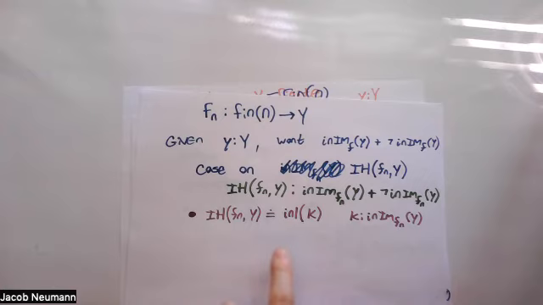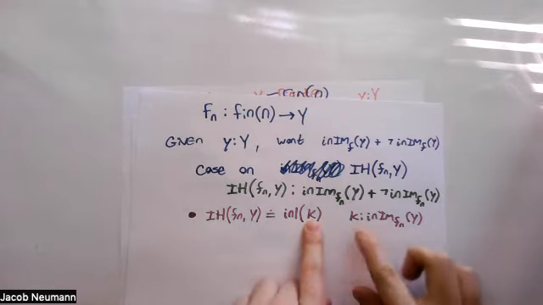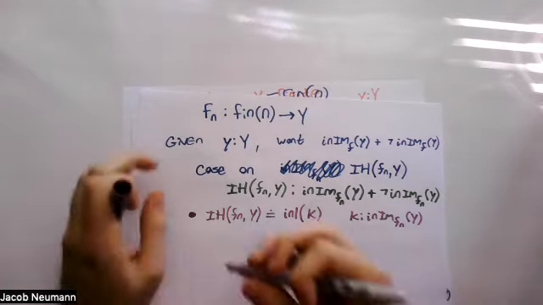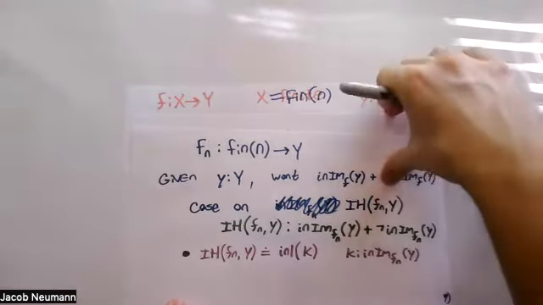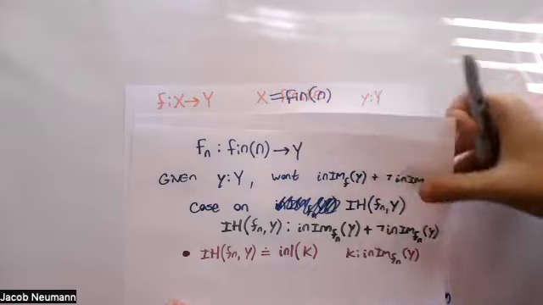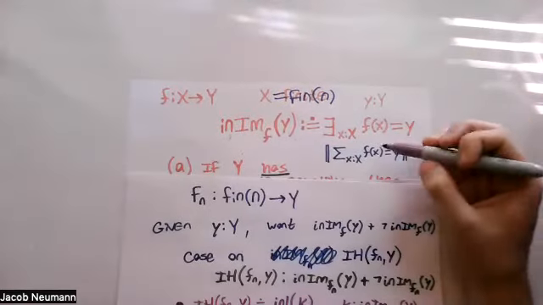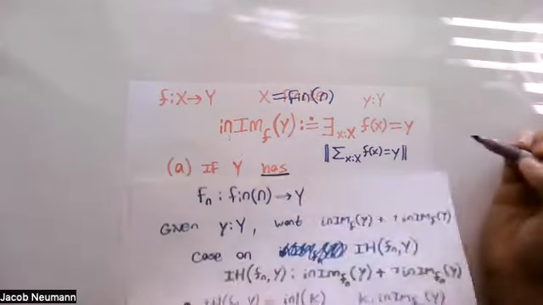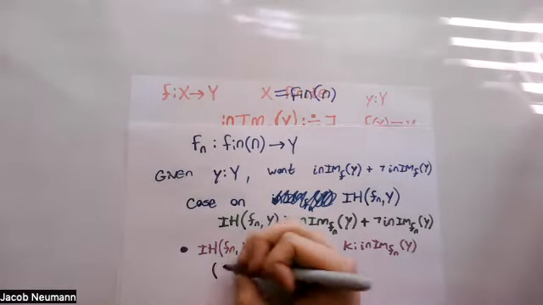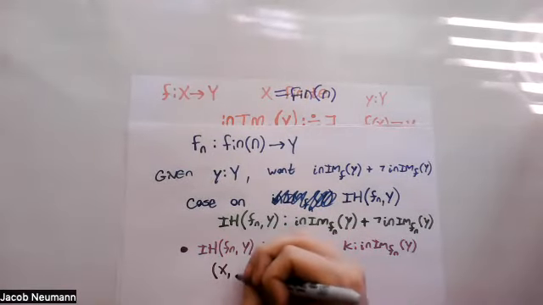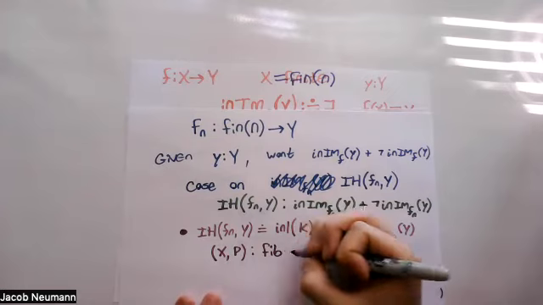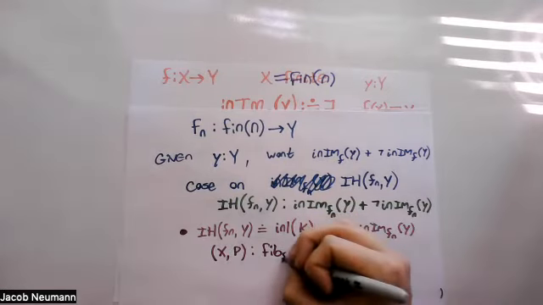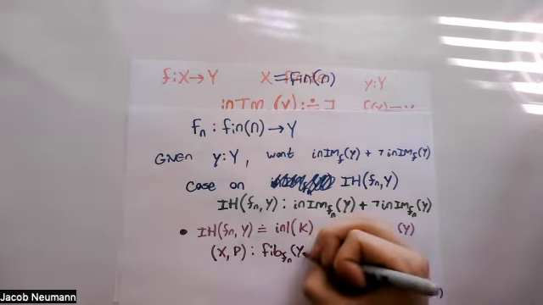Since we're mapping into a proposition, we can unpack this K. Remember, an image is the truncation of this fiber, and so we can assume that we have the x and the p of, I'll just write it as, the fiber of Fn at y.